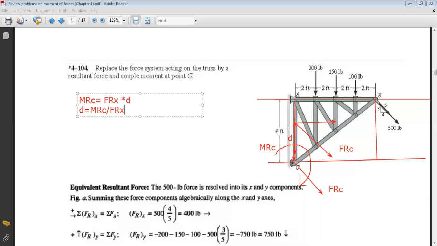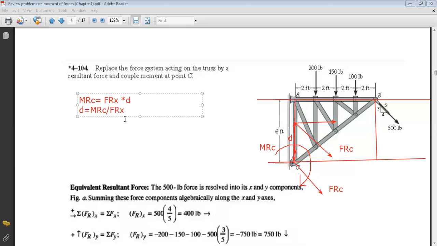It's not over FR because not the whole force will produce a moment about C, only its X component. The Y component is not producing a moment about C. This is why I divide by FRX.